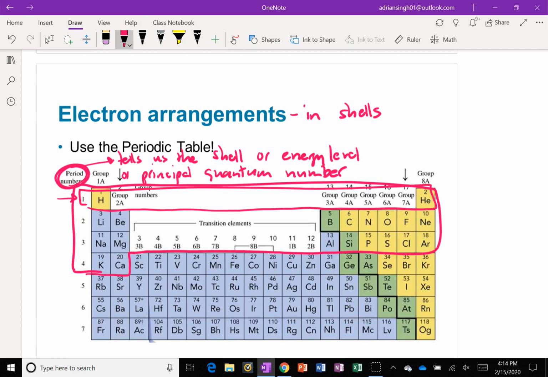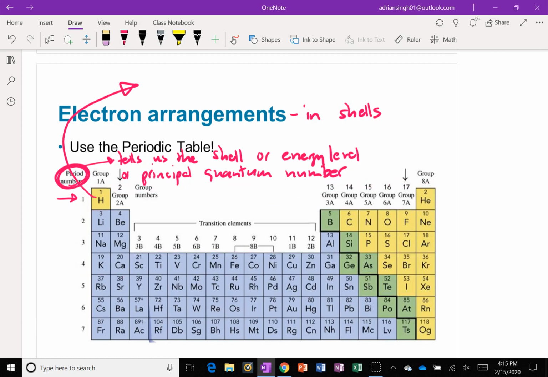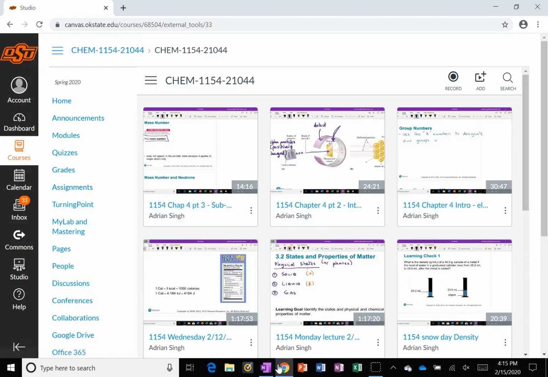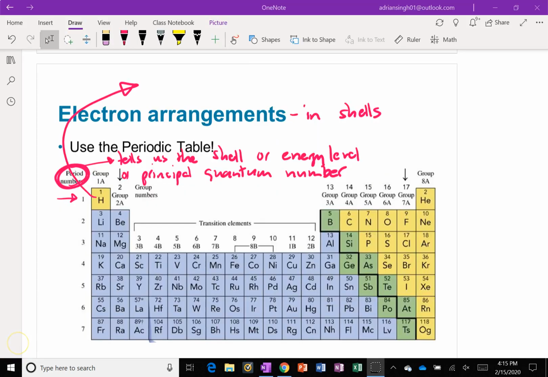So hydrogen then only has one electron, right here. So there's my hydrogen, atomic number 1, so 1 electron, and the only place for that electron to go would be in that first energy level. So it'll have an electron arrangement of 1. Helium is the second atom on the table, and it still belongs to the first energy level.